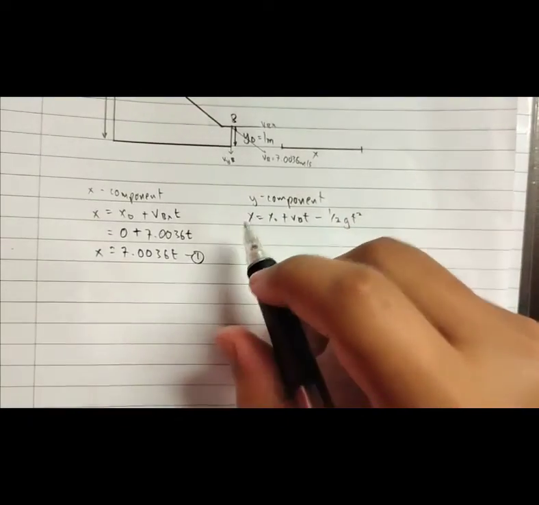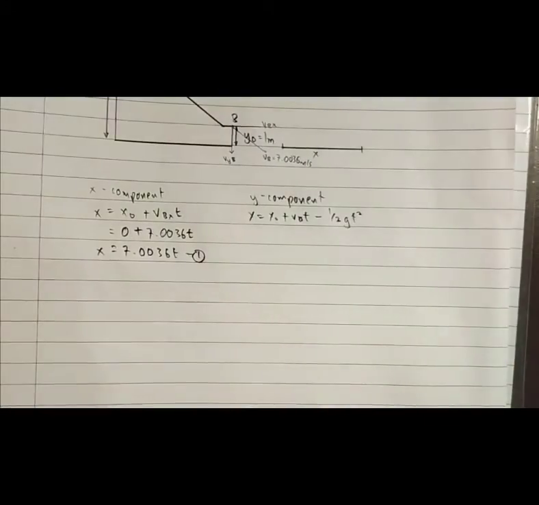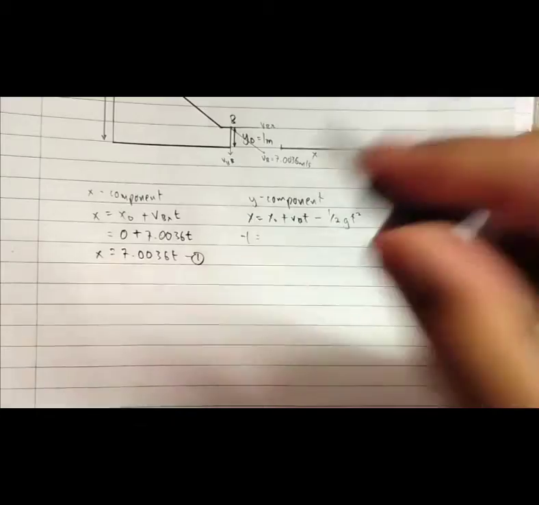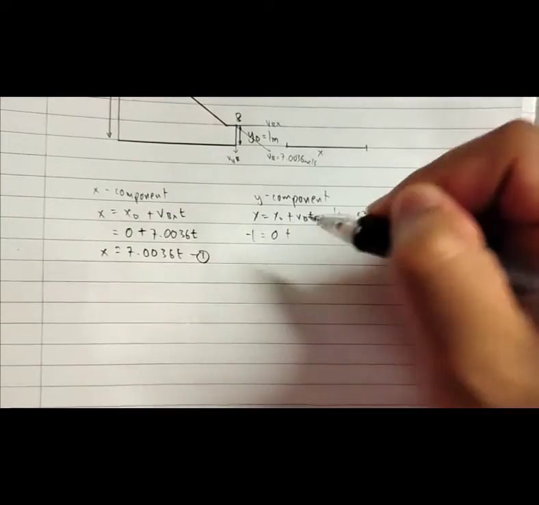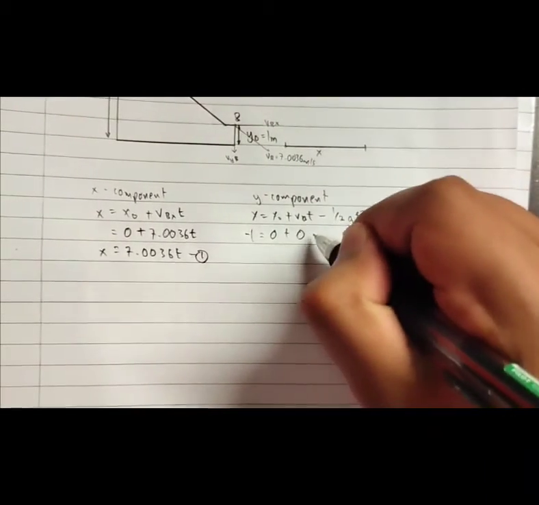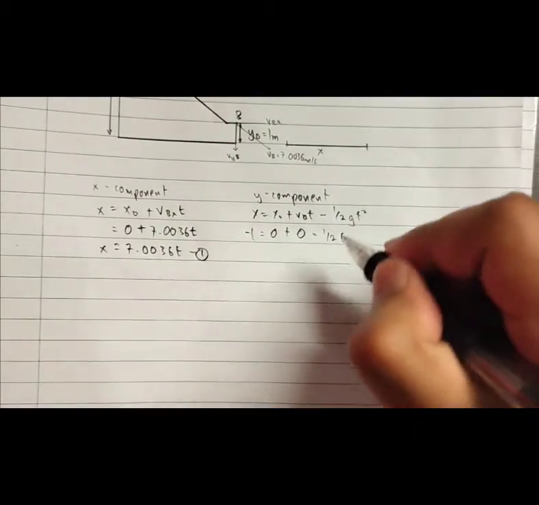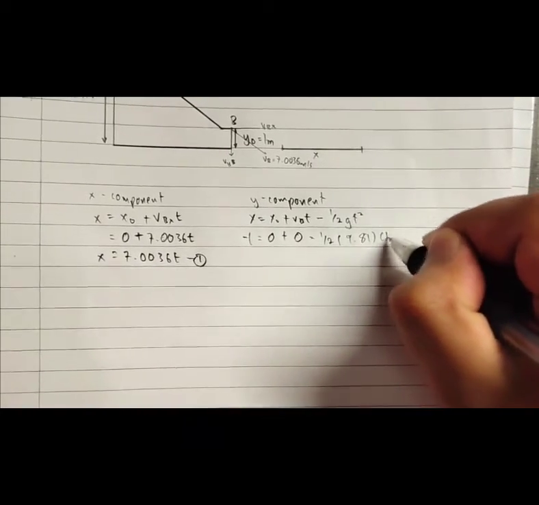Now we proceed to the Y component. For the Y component, y is -1, y naught is 0, plus 0 minus 1/2 g, where g is 9.81, t squared.